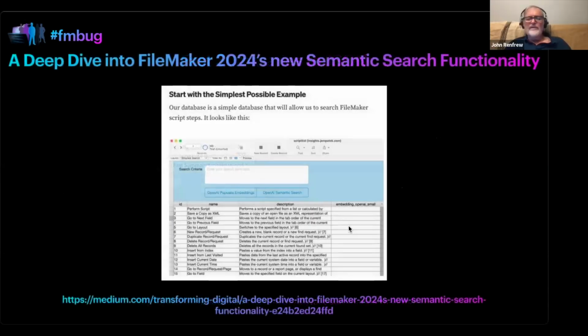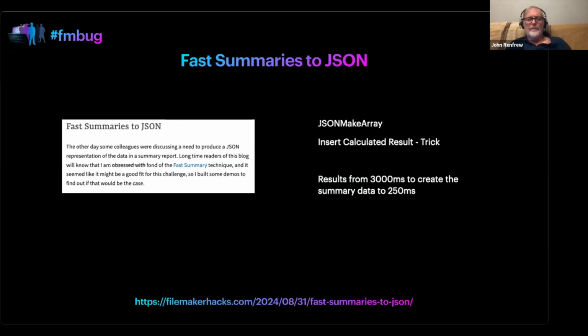I read an interesting old post by Josh Willinghalpen about how FileMaker scripts handle JSON functions.